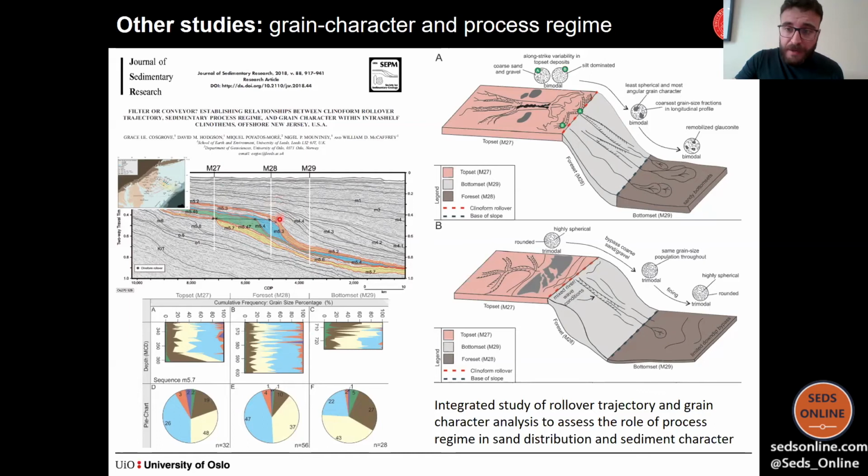Whereas in other clinothems that showed a more rising trajectory, because they were dominated by river processes, they were still efficient enough to bring sand to the basin floor. So basically, process regime is an incredibly important factor to consider together with clinoform trajectory analysis.